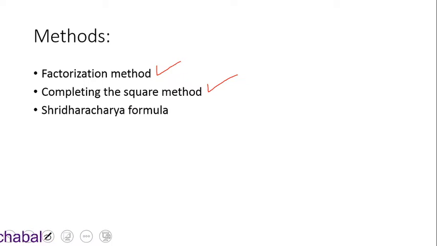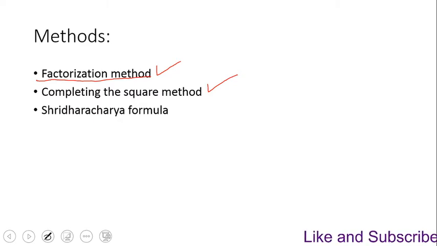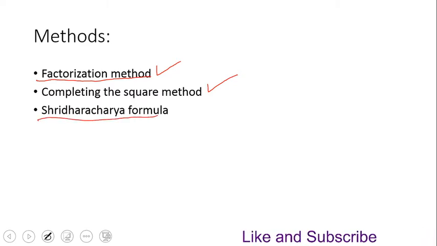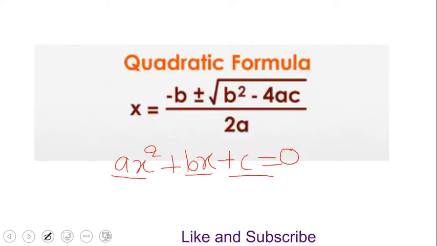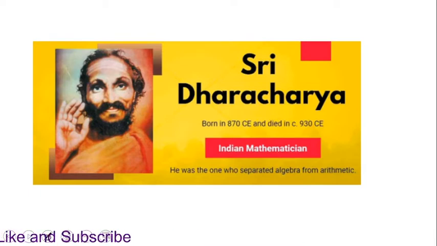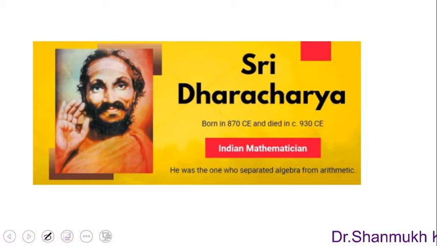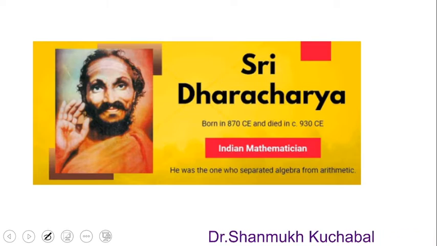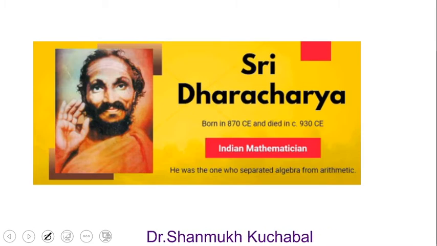So two methods, it is very simple. Using the factorization method you can find a solution for a quadratic equation, or else using the Sridharacharya formula you can find a solution. Sridharacharya is an Indian mathematician who gave a formula for finding the solution of a quadratic equation, and he also made a very good contribution to mathematics.